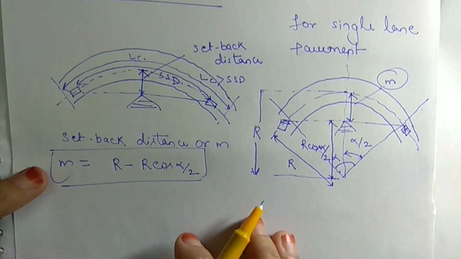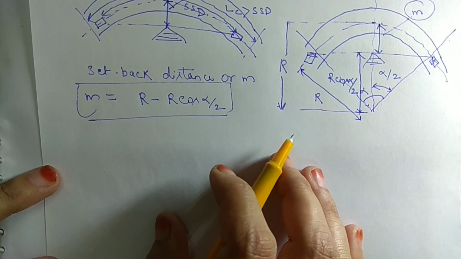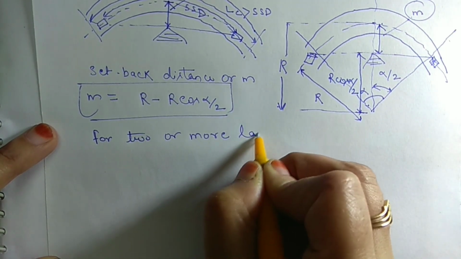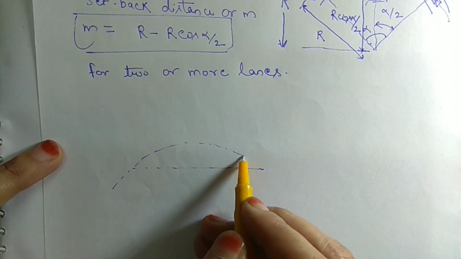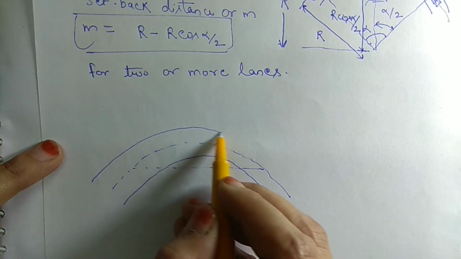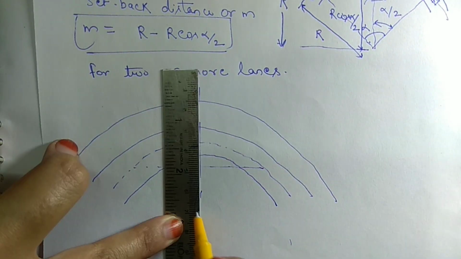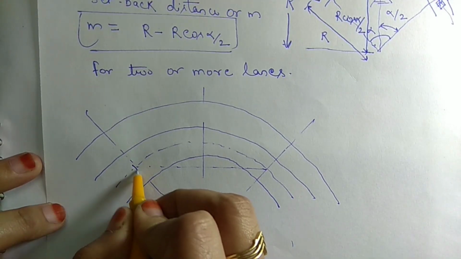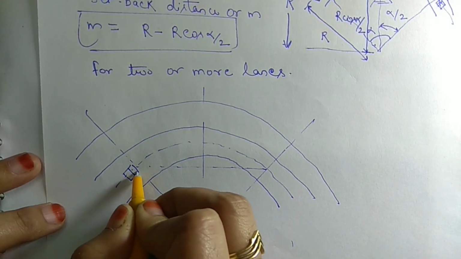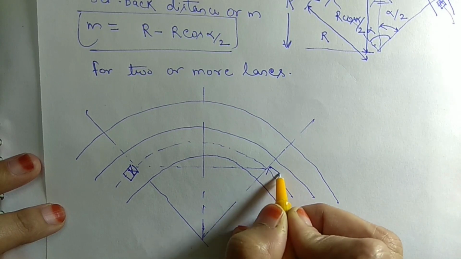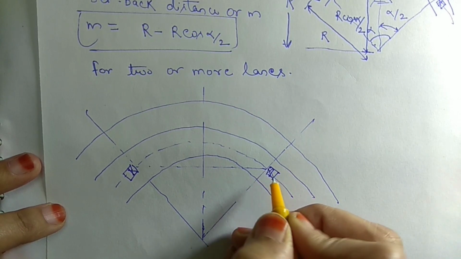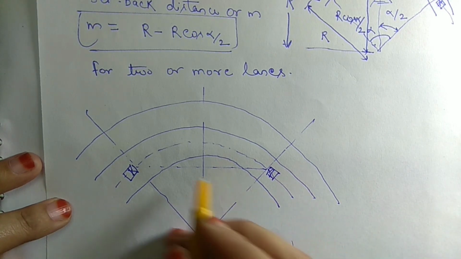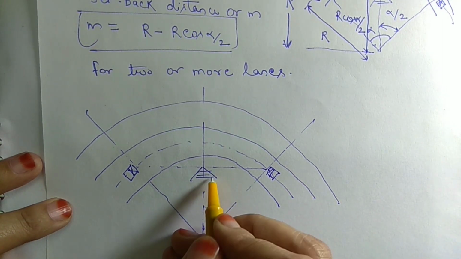Now let's see the case for 2 lane or more lane pavements. Suppose these are the vehicles from this side and this is the vehicle from the opposite side, and this is the center line of pavement, and this is any obstruction or building.